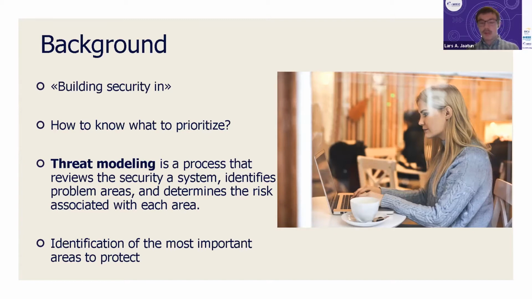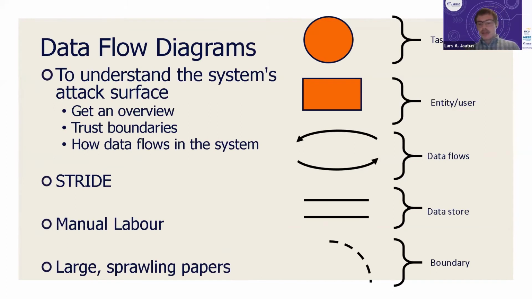To do threat modeling, one way is through data flow diagrams. Data flow diagrams are a way to visualize the attack surface of your application or system. With the symbols you can see on the slide, you create a visual representation of the data flow throughout your system.